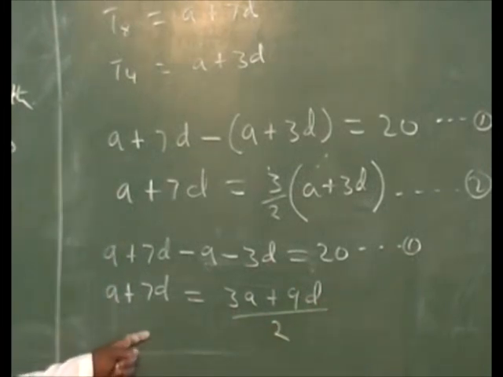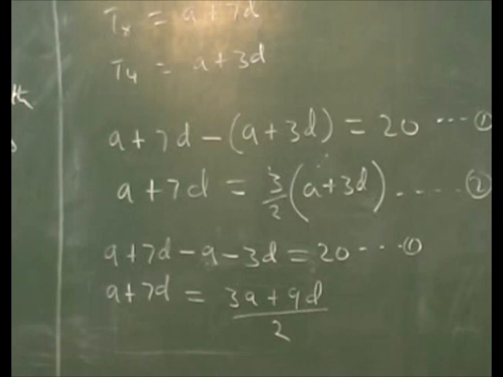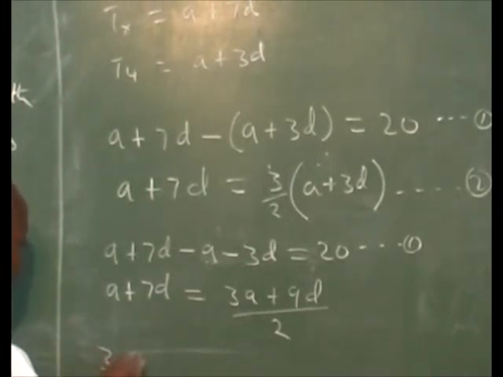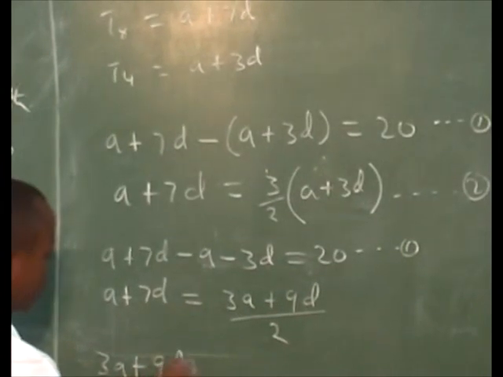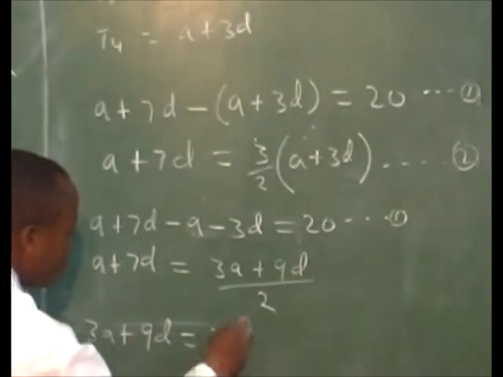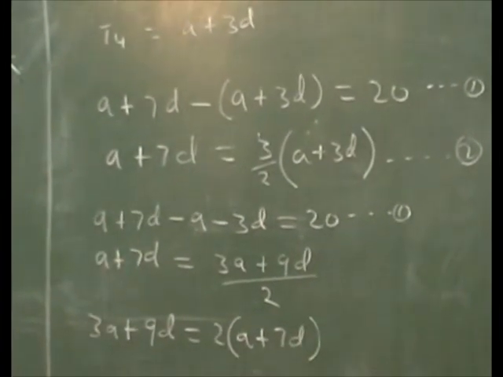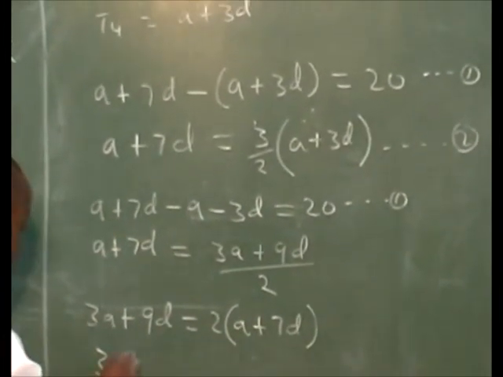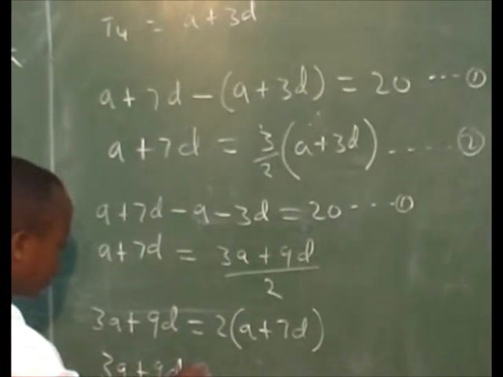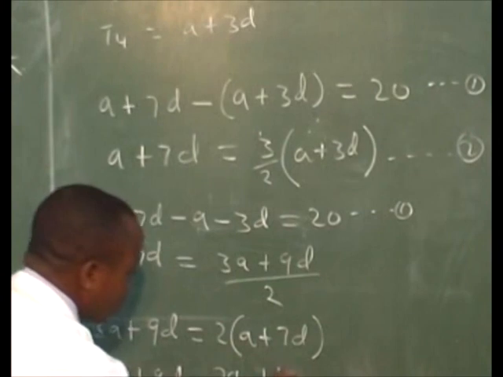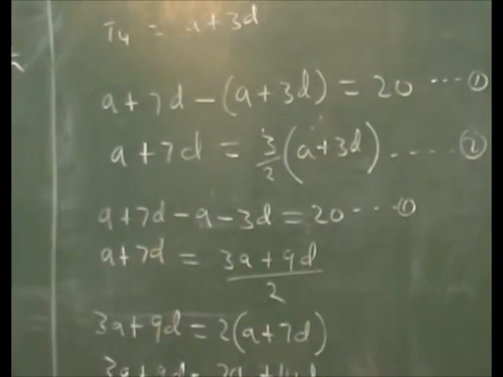That's equation 2. Which means if I cross multiply, I will have 3A plus 9D will be equal to 2 bracket A plus 7D. Now 3A plus 9D will be equal to 2A, and this times this will give me plus 14D.